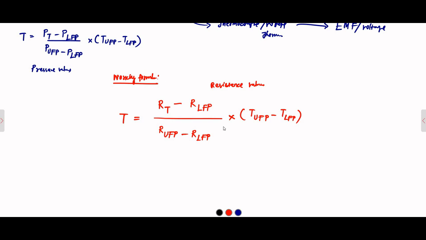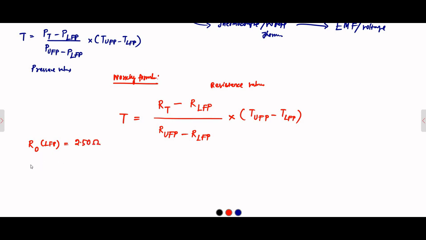So here it is given that the resistance value at ice point, that is 0 degree Celsius, which is the lower fixed point, is equal to 2.5 ohm.